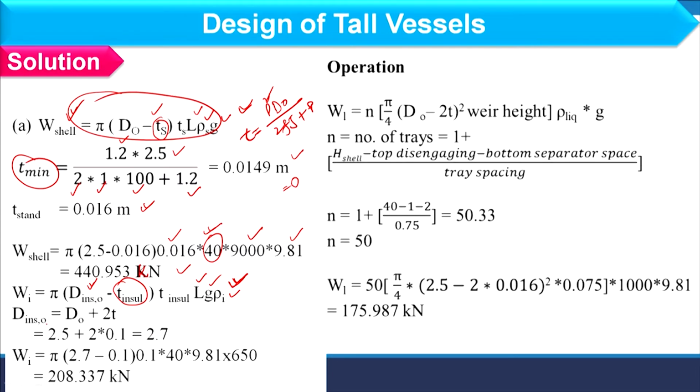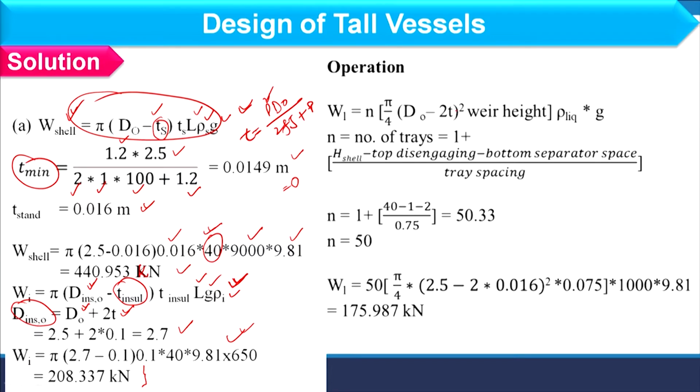So, first of all let us see D insulation outer, and that should be the outer diameter of shell plus 2 into thickness of insulation. Okay. So, 2.7 meter we can obtain as D insulation. So, considering all these parameters, we can find out the weight of insulating material as 208.337 kilonewton.